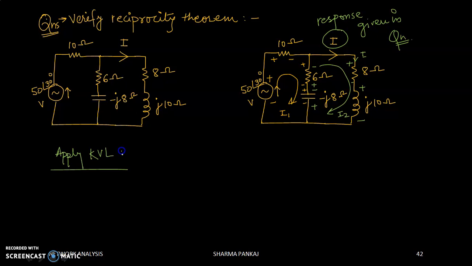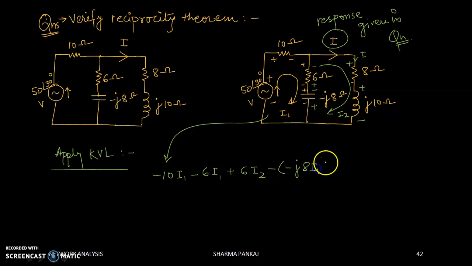Apply KVL, that is, in the first loop: minus 10 I1 minus 6 I1 plus 6 I2 minus j8 I1 plus minus j8 I2 plus 50 angle 30 degree is equal to 0.